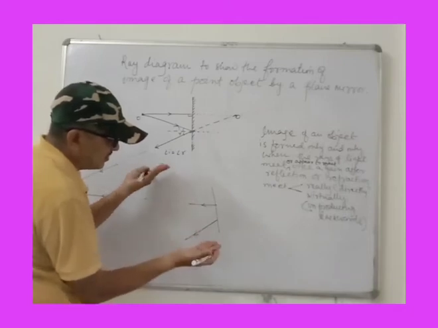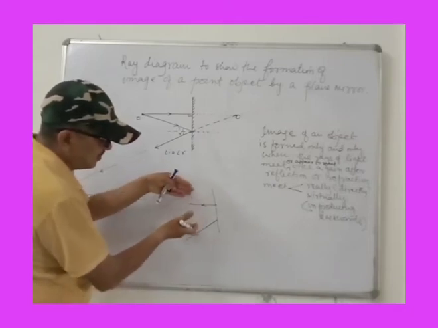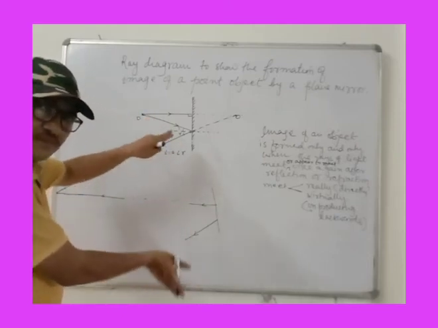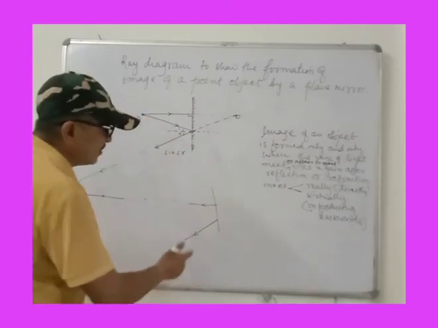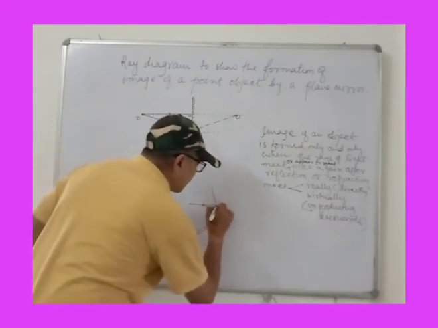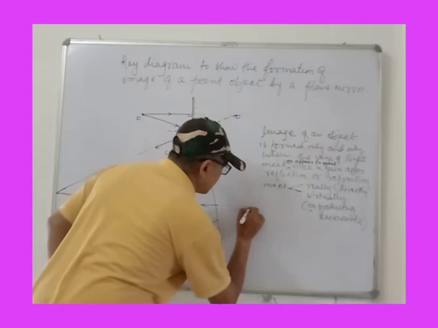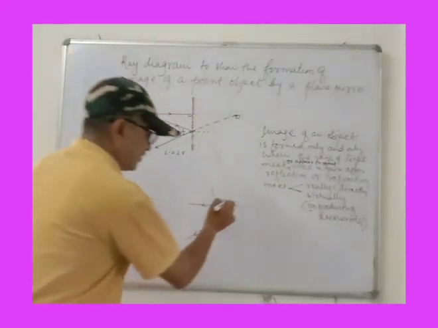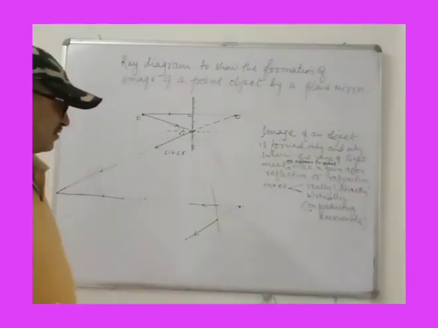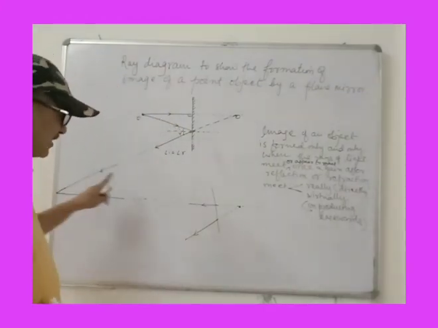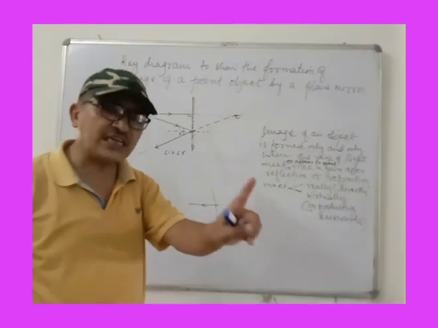They won't meet because they are widening, receding away from each other. So they will appear to meet if they are produced backwards, like this. Here they meet. Either they actually meet or they appear to meet. Then only an image is formed.